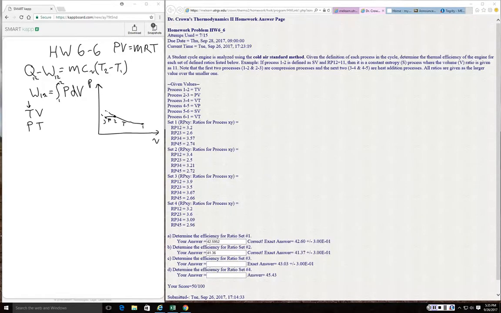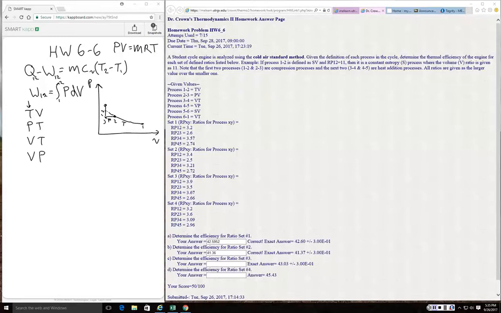Then the third process is a constant volume process with a temperature ratio given. So it's a heat addition process, so I'll be going up. This is constant volume and temperature ratio given. Then the next is another constant volume process with a pressure ratio given.